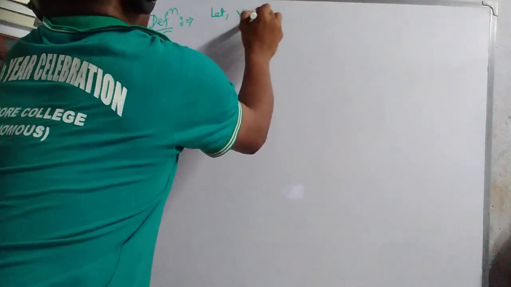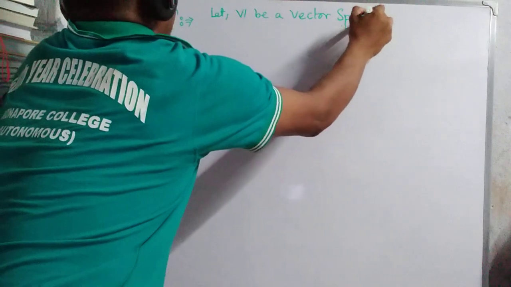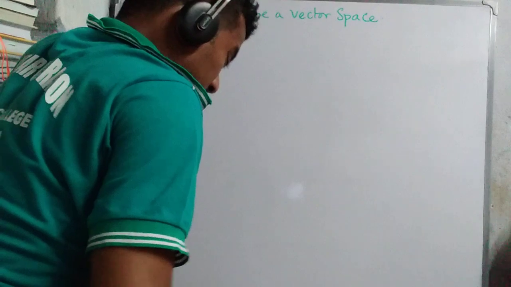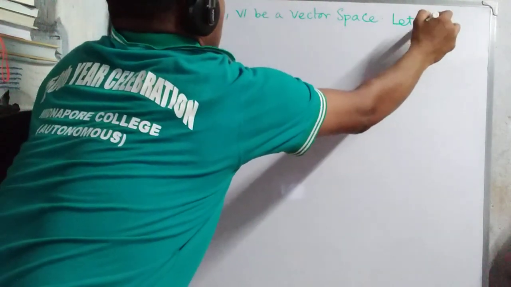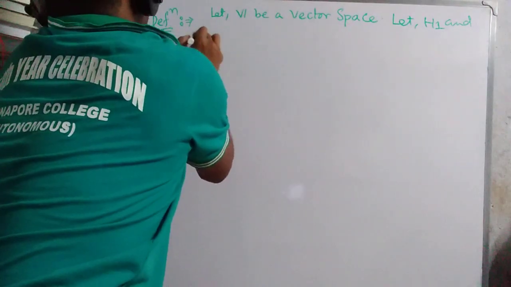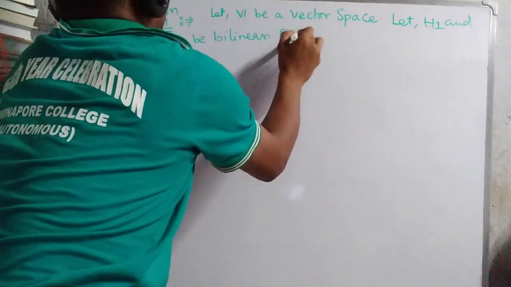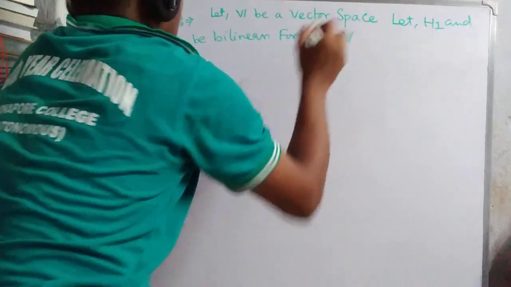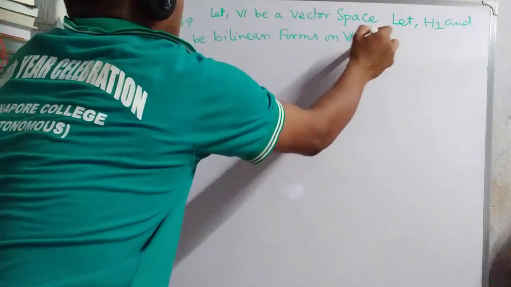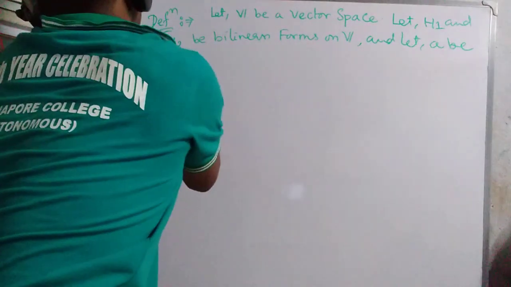Let V be a vector space. Let H1 and H2 be bilinear forms on V, and let a be a scalar.